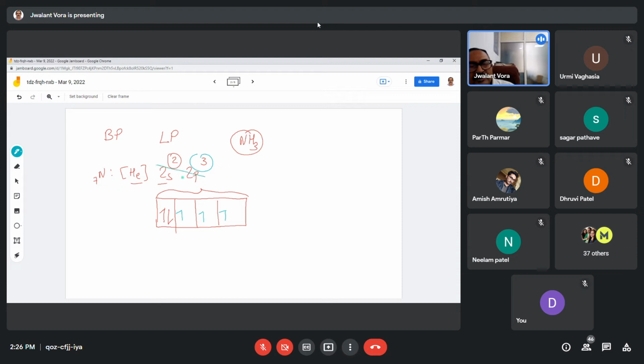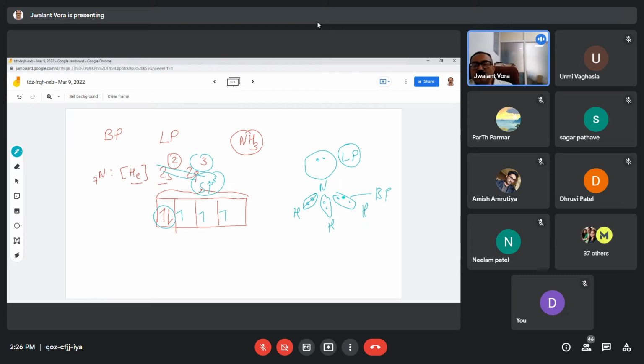One has a lone pair on the nitrogen atom. This is said to be a lone pair, and this is said to be a bond pair, that has formed the bond.